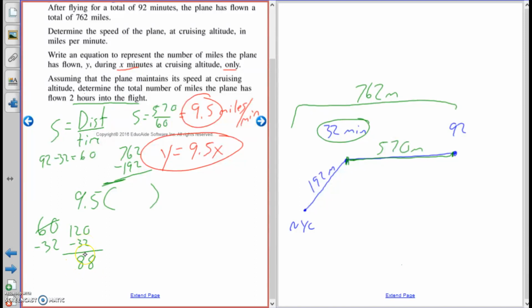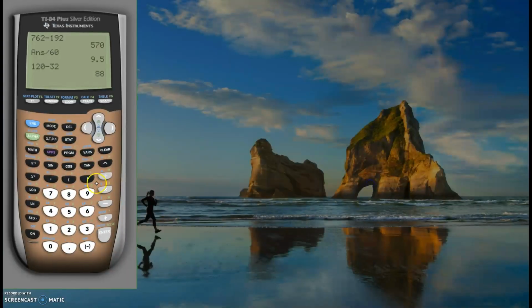So for 32 minutes it did its climb, and then 88 minutes it was at cruising altitude, and that's what encompasses the entire 2 hour flight there. So at 88 minutes, it's doing 9.5 miles per minute. And that's going to give you a total of what? So 88 times 9.5 means at cruising altitude, we're doing a total of 836, plus the 192 we did while we were climbing.